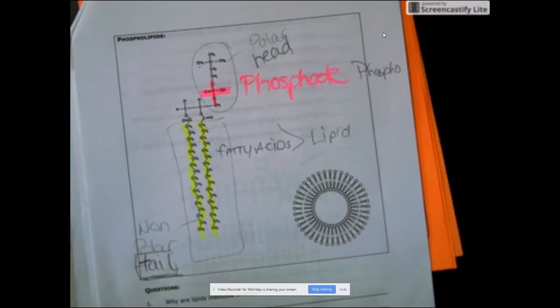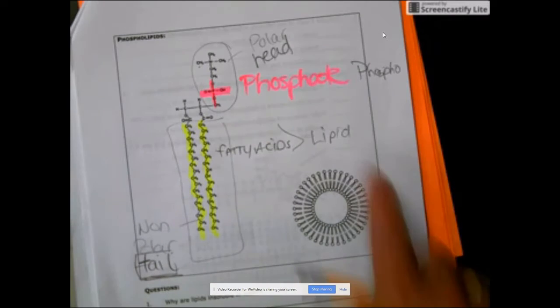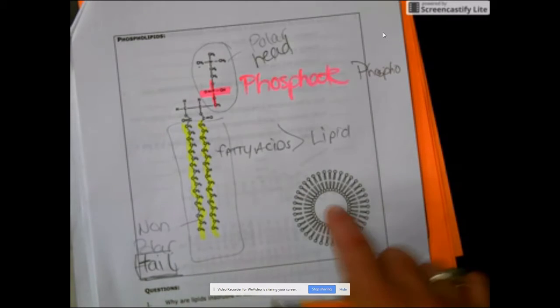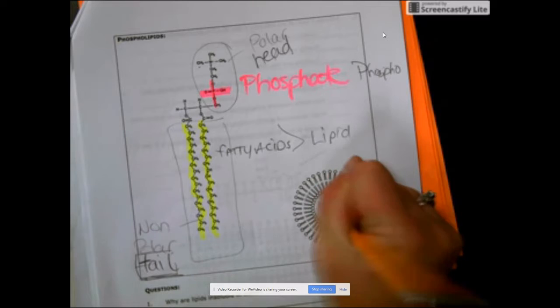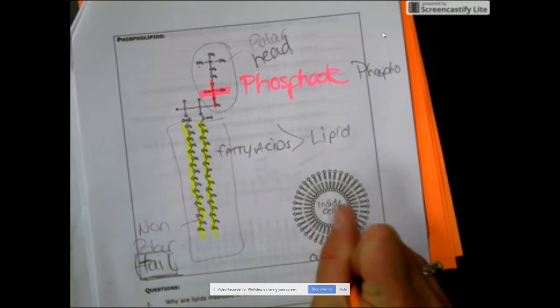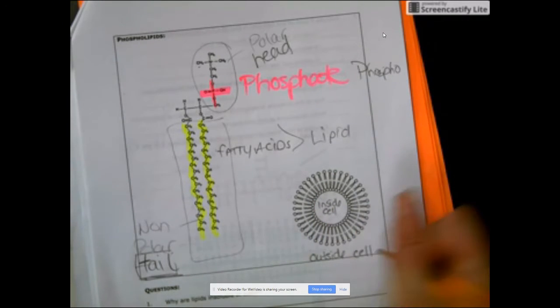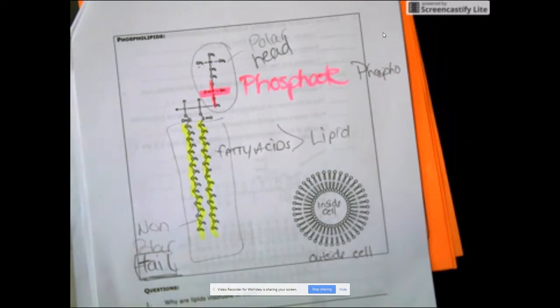I'm a little ahead of myself, sorry. Inside and out of the cell is water. So there's the inside, and there's the outside. You will find water in the cell and out of the cell.